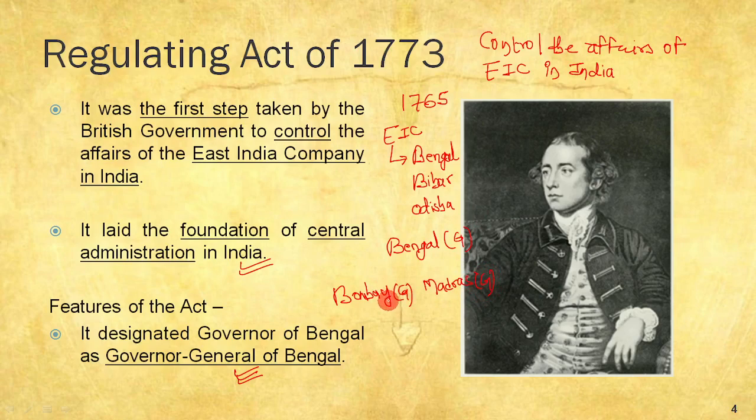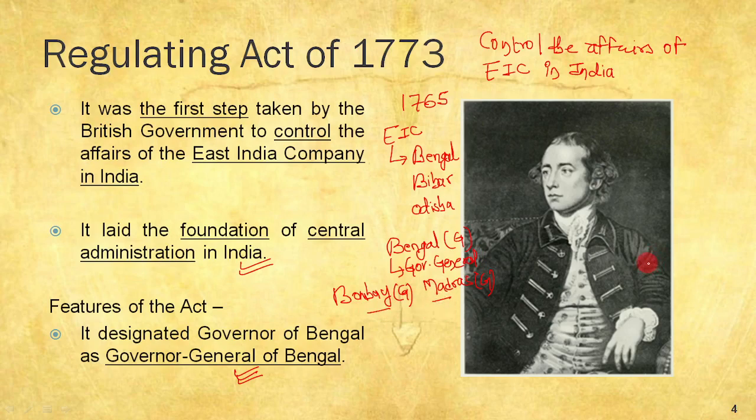Now with the Regulating Act of 1773, the Governor of Bengal was designated as the Governor General of Bengal. That means the Governor General of Bengal was given higher authority and higher power as compared to the Governors of Bombay and Madras.